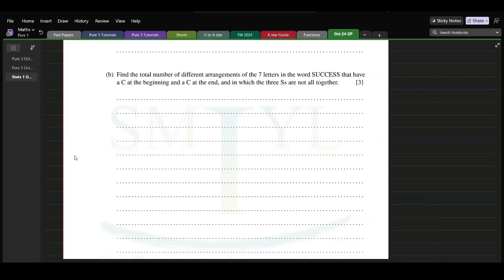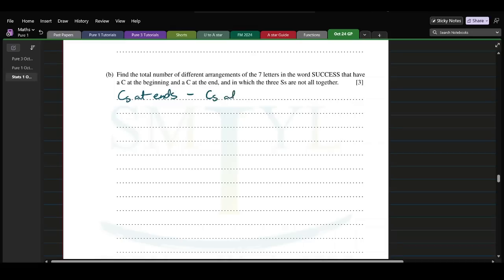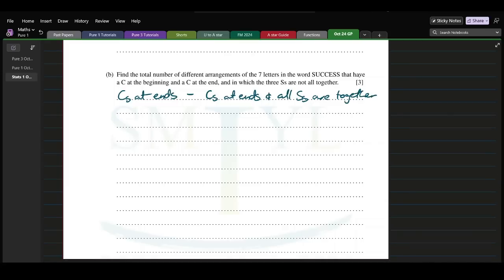We can create an expression to find this: arrangements with C's at ends and no other restrictions, minus the arrangements with C's at ends and all S's together. This should simplify to give us the arrangements in which we have C's at the ends and in which the 3 S's are not all together.